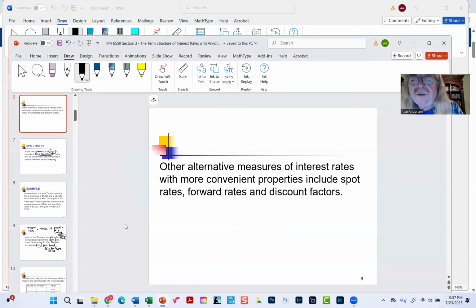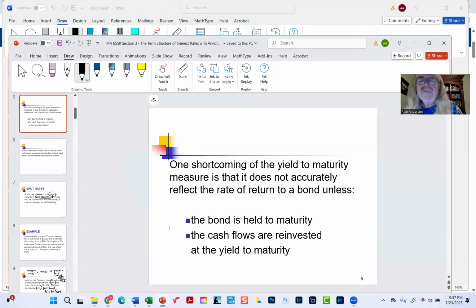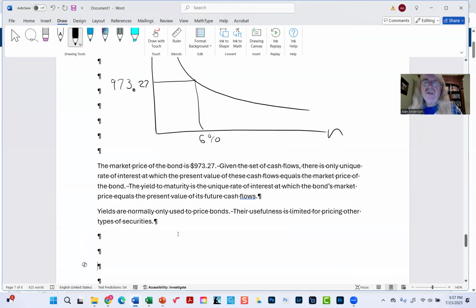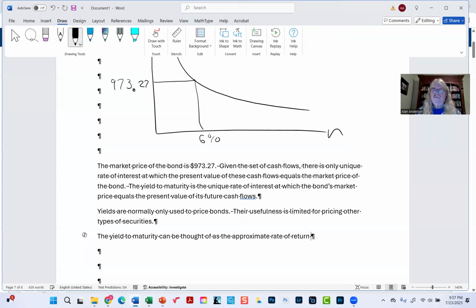So what else is there? Well, oh, and by the way, here's one of the objections that we have to the yield to maturity. The yield to maturity can be thought of as the approximate rate of return to the owner of the bond.